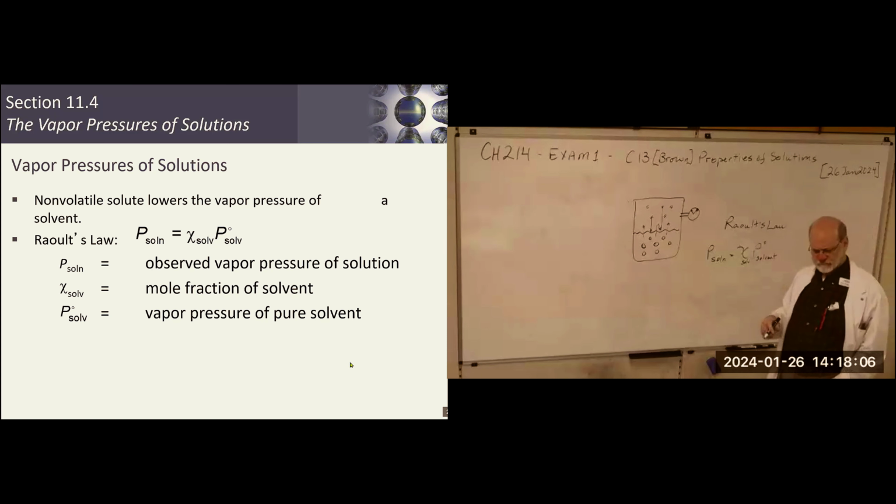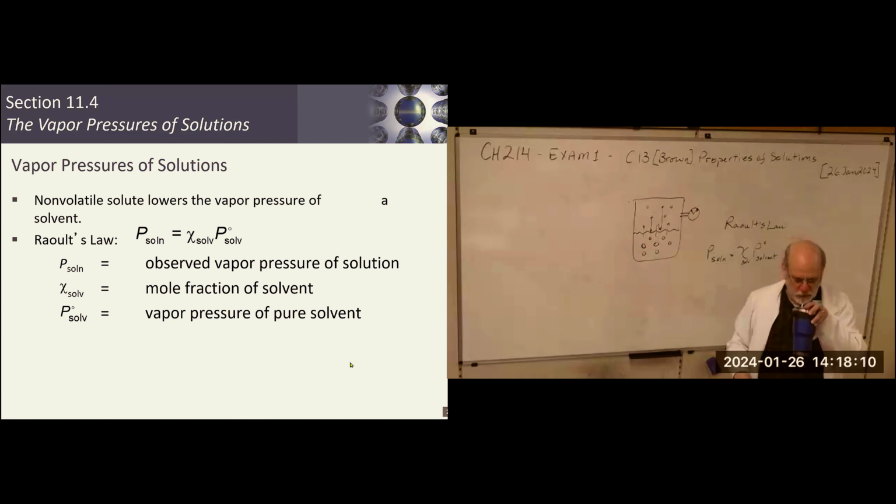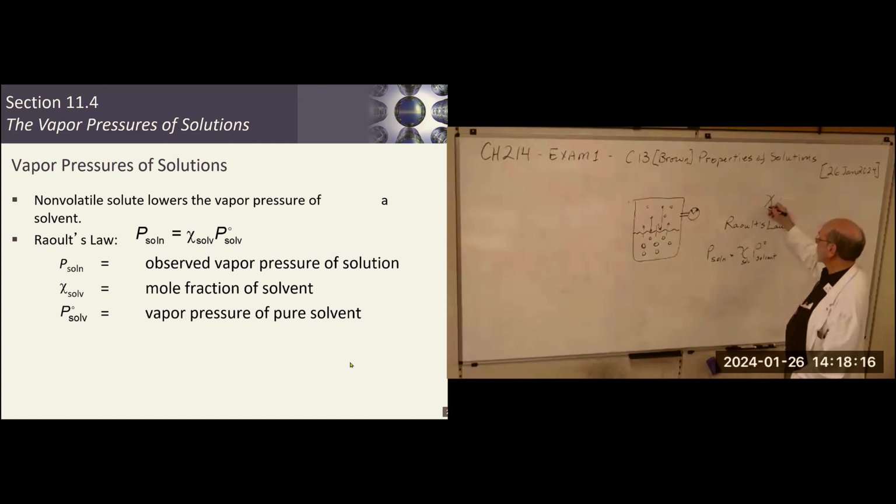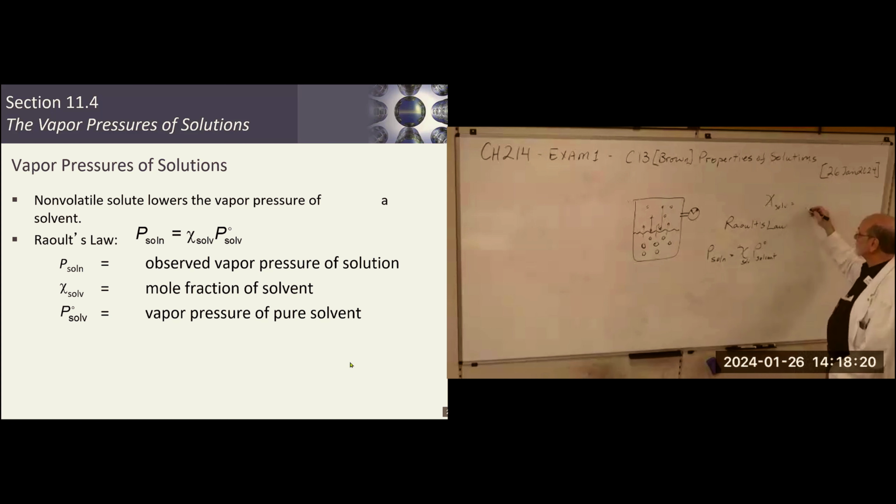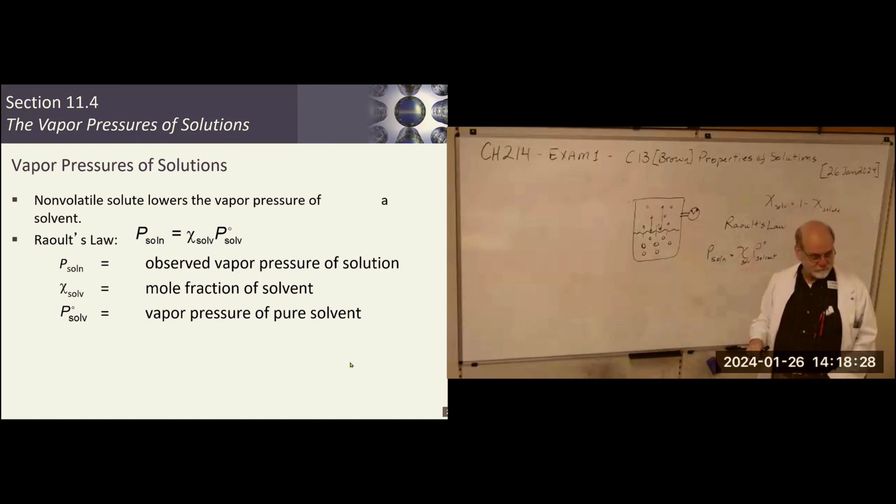Well, most of the time, we calculate the mole fraction of the solute. So it's like I said before, the mole fraction of the solvent is equal to 1 minus the mole fraction of the solute. So if you know the mole fraction of the solute, you can calculate this value from there.